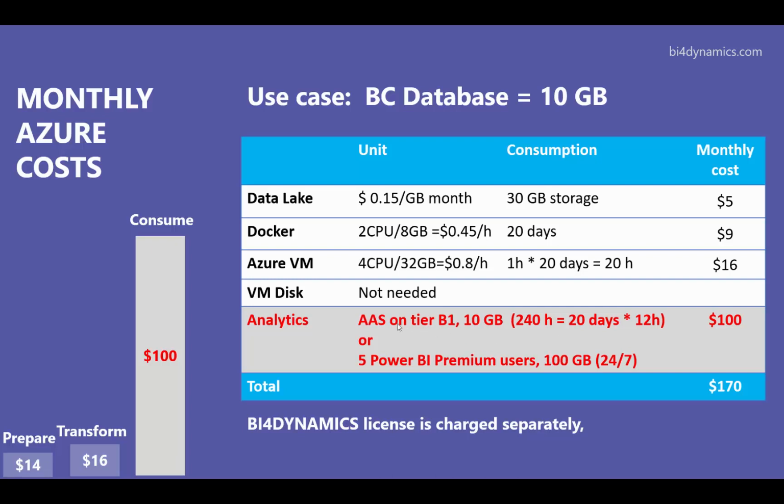So on B1 we would get up to 10 gigabyte of compressed data, which means that the data size in the BC is probably 3 to 4, and it can run 240 hours, or we can run 24/7 with a Premium per user capacity with the 5 users in total. So these are your Azure costs.